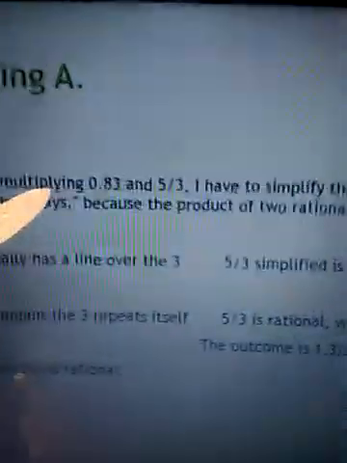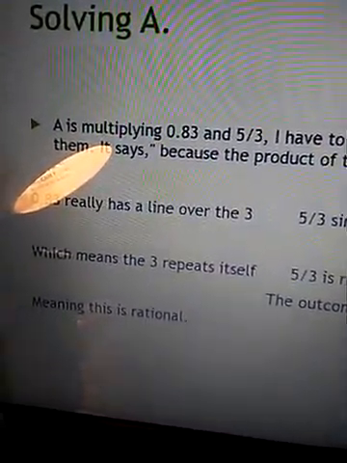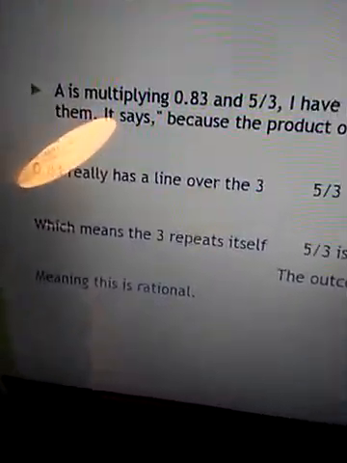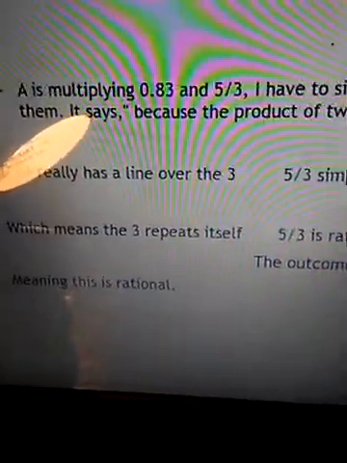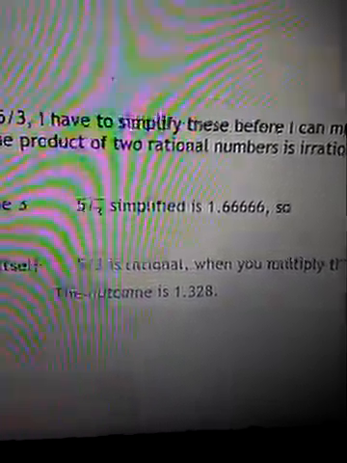So 5 over 3 does repeat itself. As I said, 0.83 really has a line over it, meaning the 3 will repeat. And this is rational. 5 over 3 simplified is 1.6666 continuing. So 5 over 3 is rational.